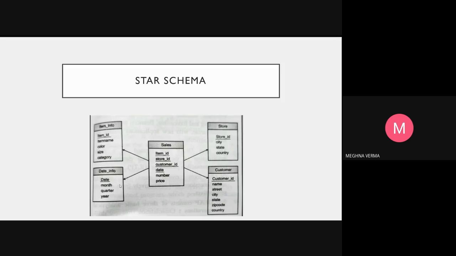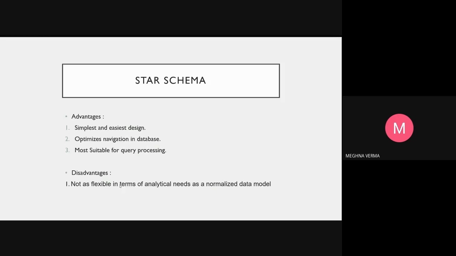As the representation of this is like a star, hence the name star schema. The advantages of star schema are that it is very simple and easy to design, it optimizes navigation in the database, and it is very suitable for query processing. The disadvantage is that it is not very flexible in terms of analytical needs as a normalized data model.